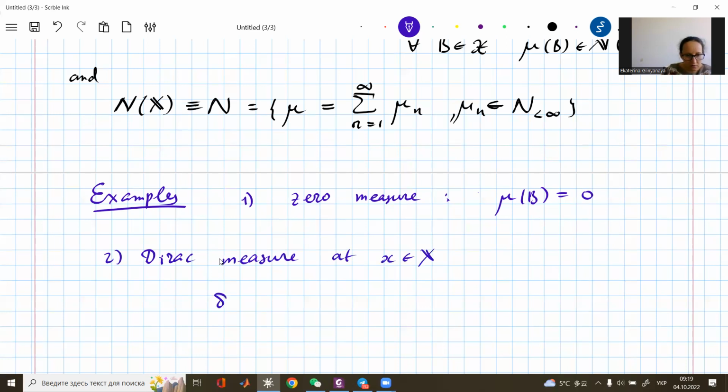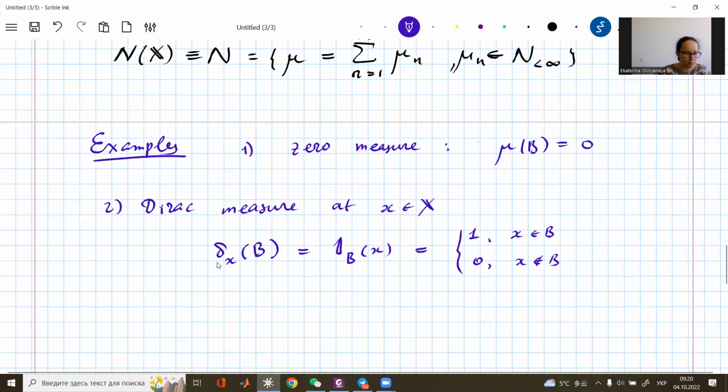By definition, this is the indicator of set B that x belongs to this set. So it is equal to 1 when x is in subset B and 0 when x is not in B. Yes, so this is an example.